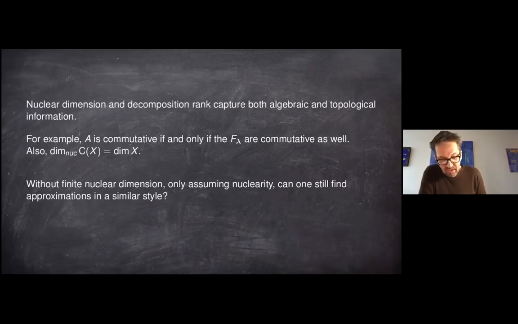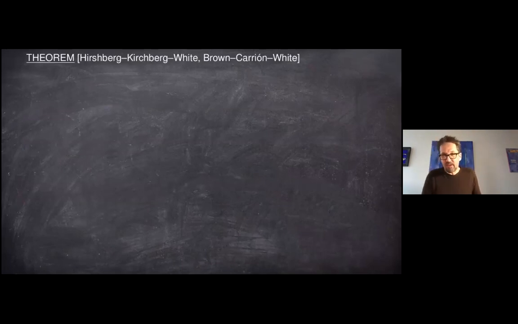But one can ask, if you don't assume finite nuclear dimension, if you just assume nuclearity, can we maybe still find approximations in a similar style, which capture some of the nice properties of nuclear dimension approximations? And it turns out that to some extent this is possible.